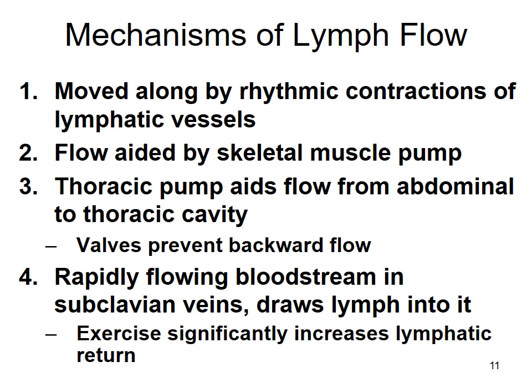So as our arms and our legs contract and relax, they actually will assist with the flow of the lymph in the lymphatic vessels. As the lymph gets closer to our thoracic region, every time that we inhale and exhale, we have a thoracic pump that assists with moving the fluid closer and closer to the cardiovascular system over to the heart.